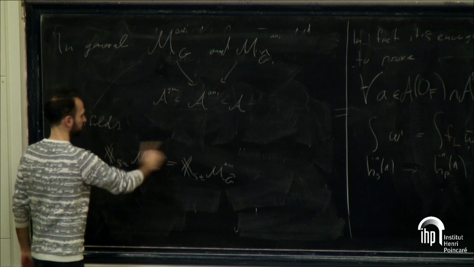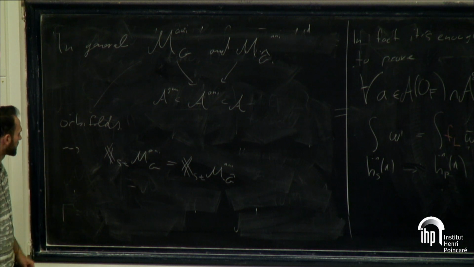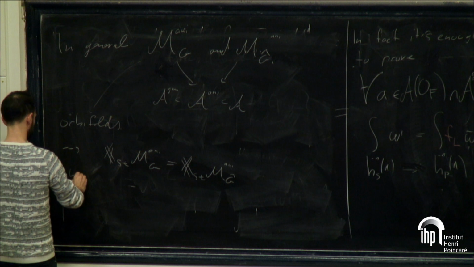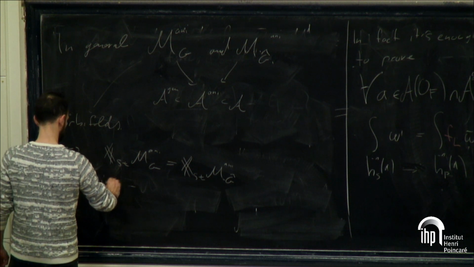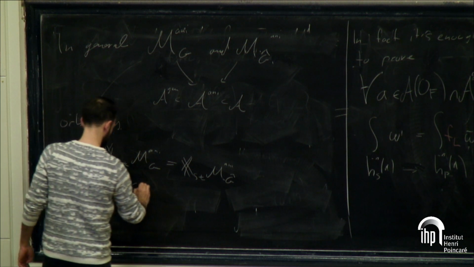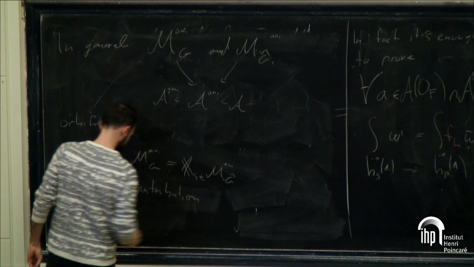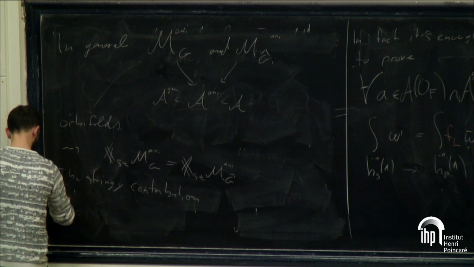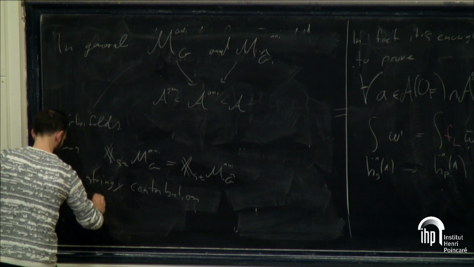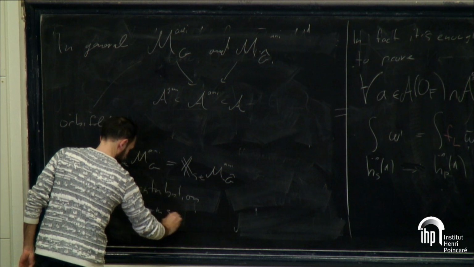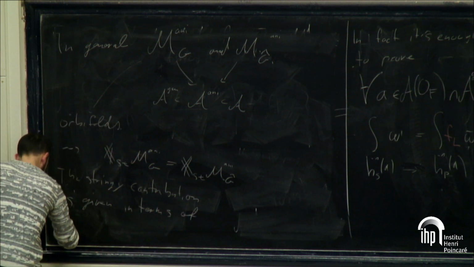But a priori there are no twists in this case. And then if you spell out the stringy contribution, it is given in terms of what is called endoscopic data.